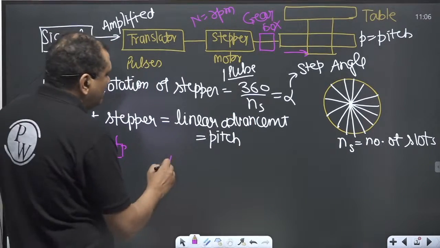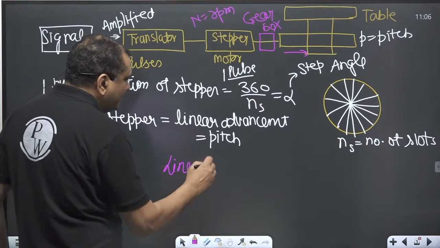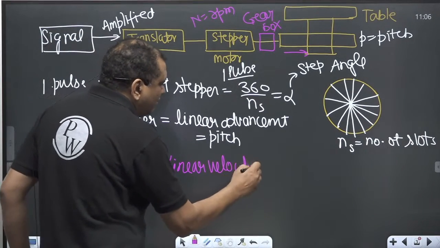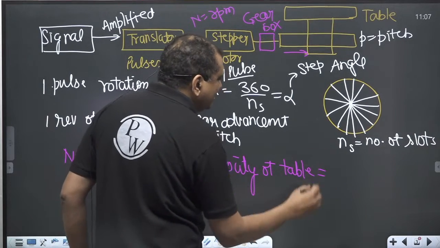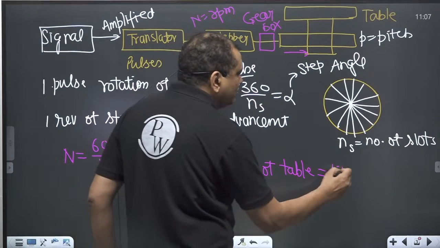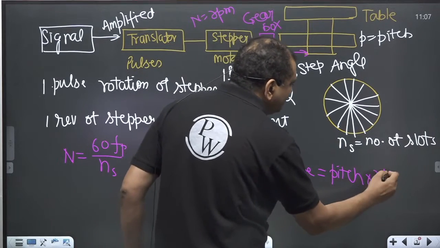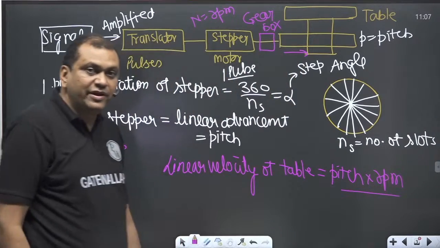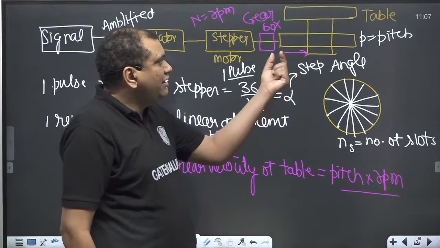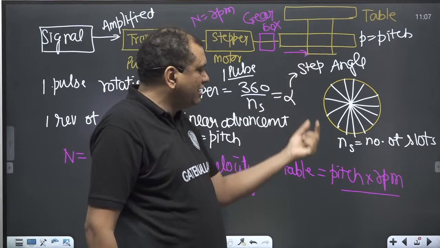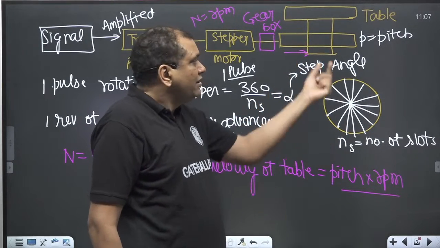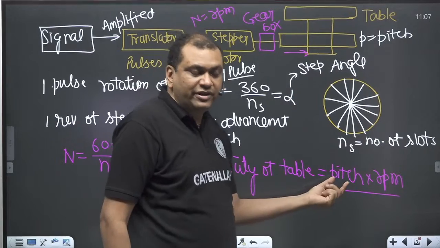Now the linear velocity of the table is nothing but pitch into RPM. If the lead screw is a double start, I will multiply by 2 here. Triple start, I will multiply by 3 here.